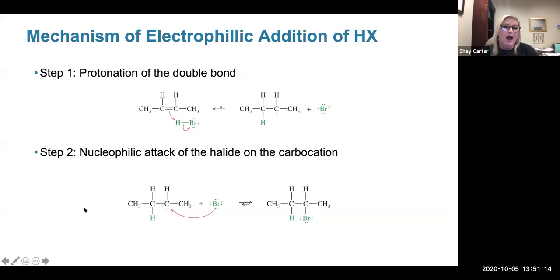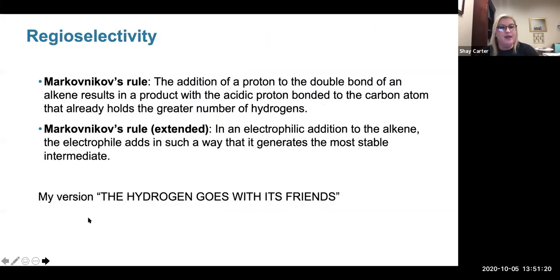I have always taught that the easiest way to remember Markovnikov's rule is that the hydrogen goes with its friends. The hydrogen always goes to the carbon that has the most number of hydrogens on it. And the reason is, in the extended Markovnikov's rule, what your book wants you to know is that it generates the most stable carbocation intermediate.